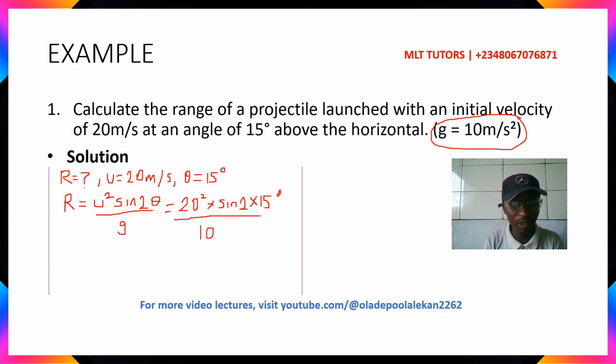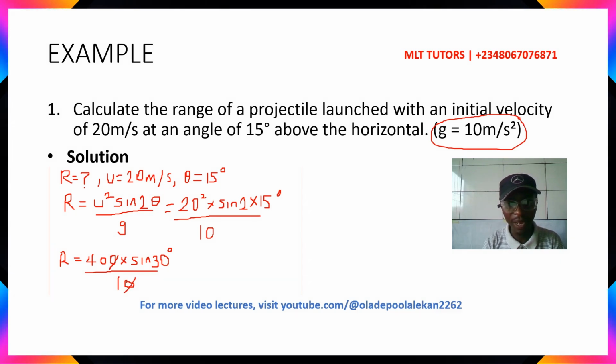Then our range now becomes 20 squared, that should give us 400, then multiplied by sine 2 times 15, that should give us sine 30 degrees, then everything over 10. Then 0 cancels 0 here.